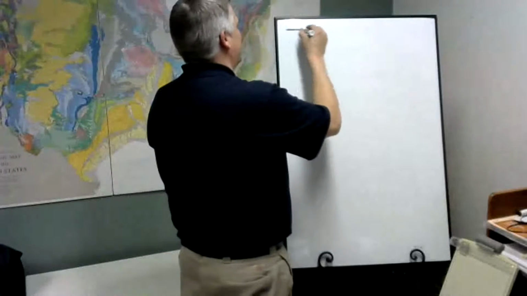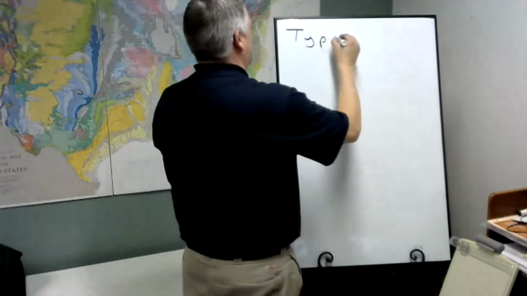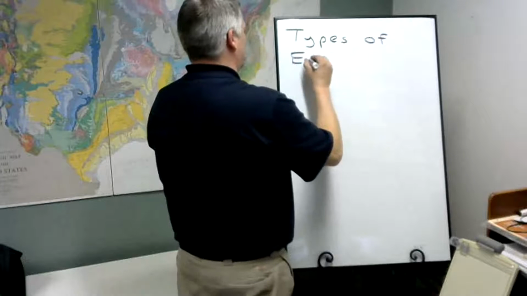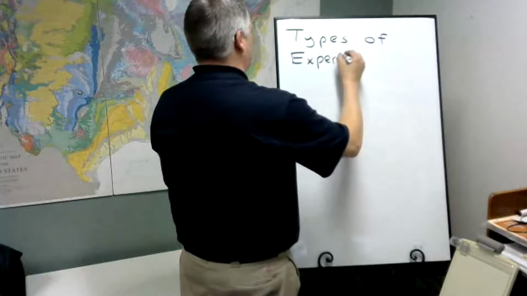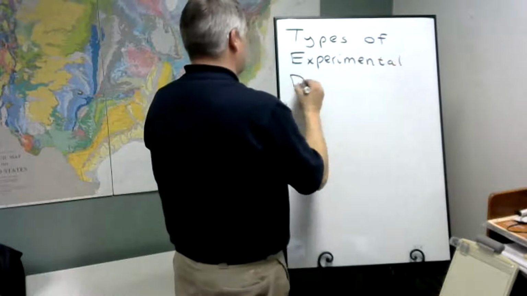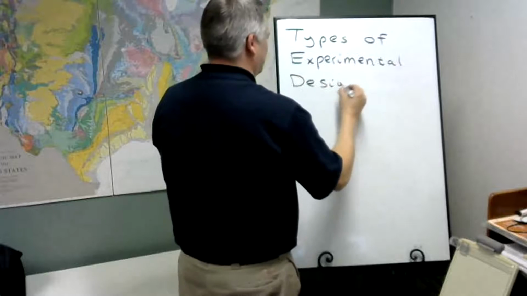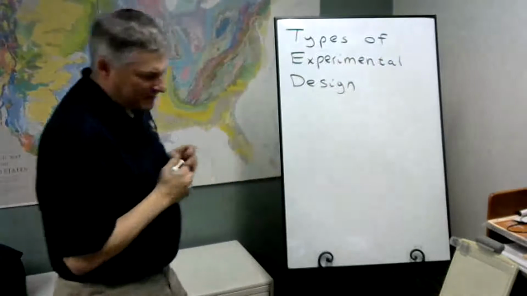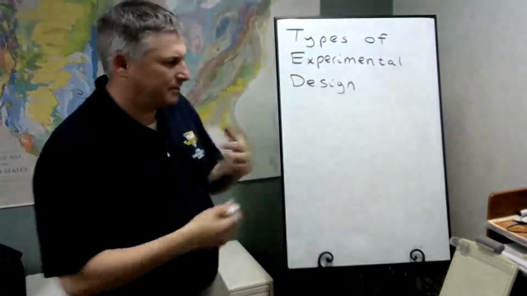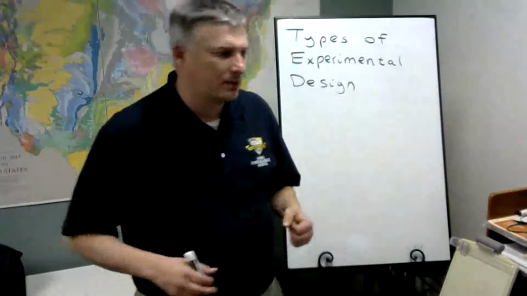So what we're going to do now is look at types of experimental design. In general, we've talked about sampling, which is how we select people from the population to be in our sample.